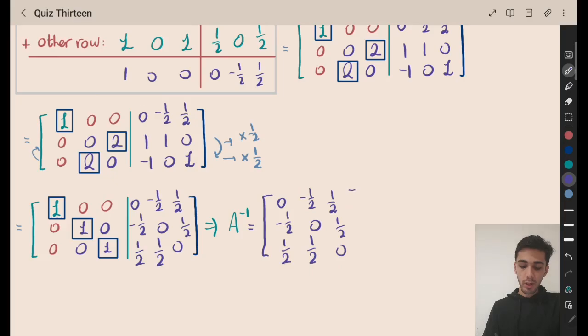Yes, so the values are correct. I'm very happy with this. And this is the answer for the exercise. I would say it's pretty straightforward and pretty nice.